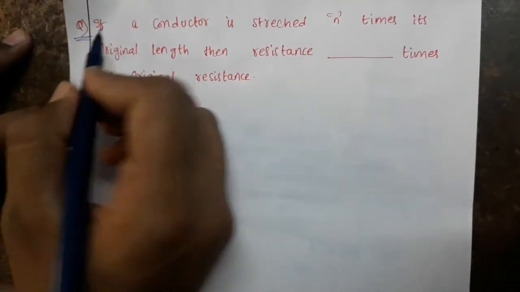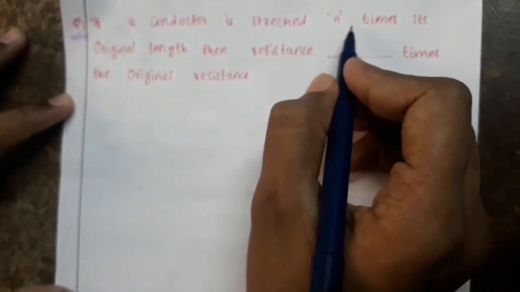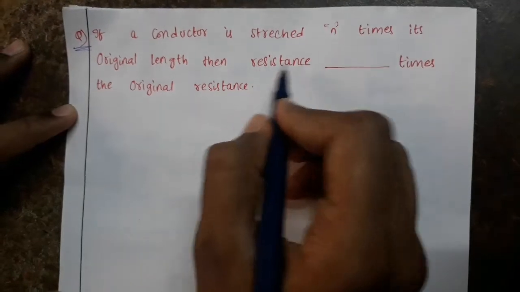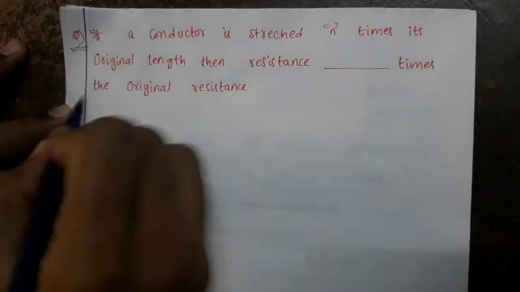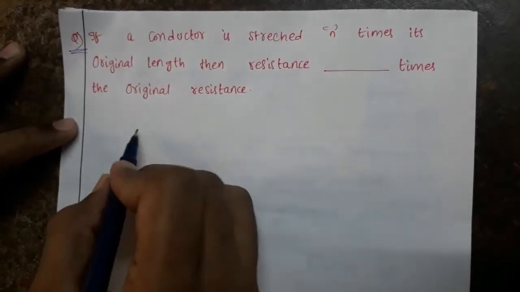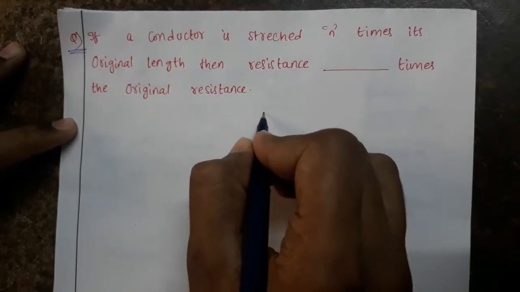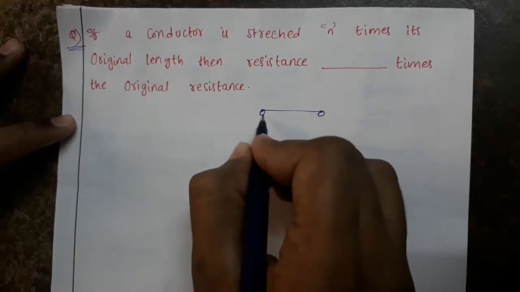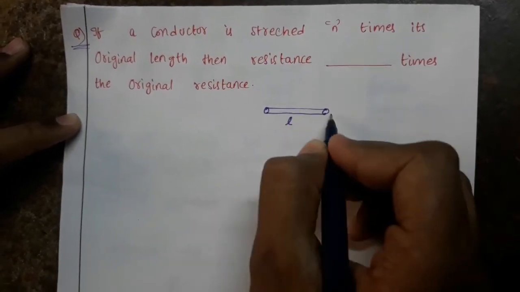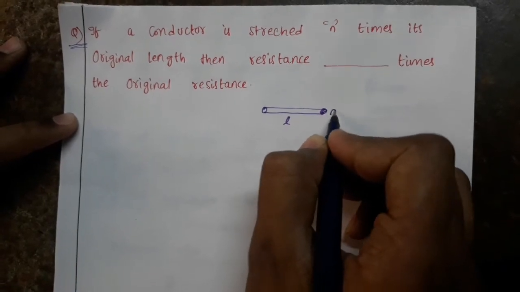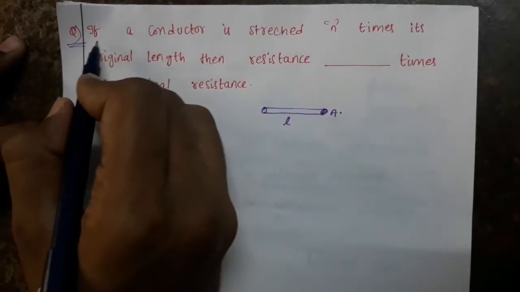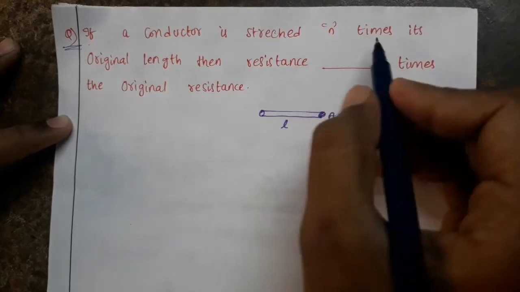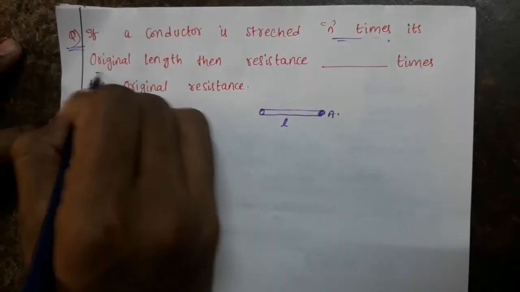Friends, for this question, if a conductor is stretched n times its original length, then the resistance is dash times the original resistance. So, I am having a conductor of length L and area of cross section A. Then I stretched the conductor n times its original length.